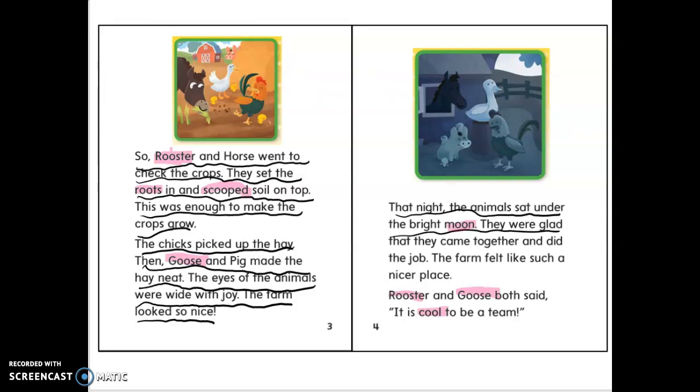They were glad that they came together and did the job. The farm felt like such a nice place. Rooster and Goose both said, "It is cool to be a team."